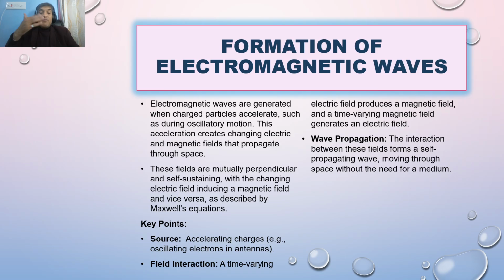This is another example which I will explain in a few minutes. Now to come to the original point: the oscillating electric and magnetic fields are responsible for generating electromagnetic waves, or in other words, the charge must have accelerating motion, with a velocity that changes with time. The speed should not be uniform.